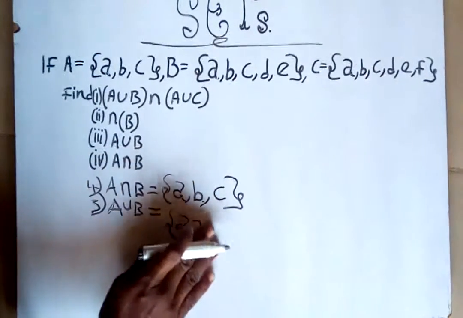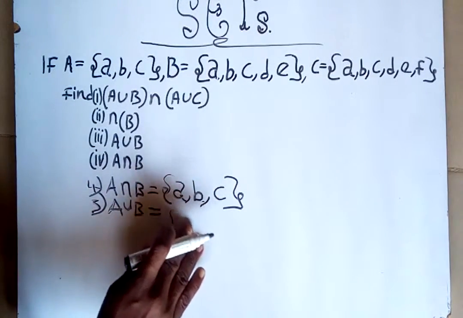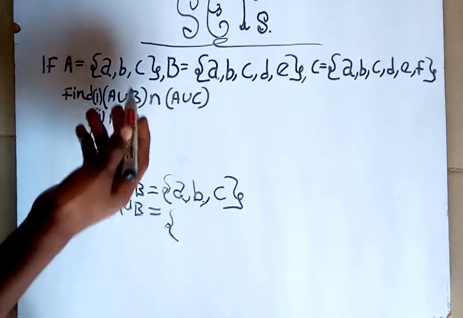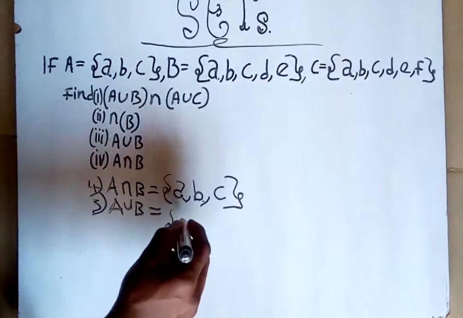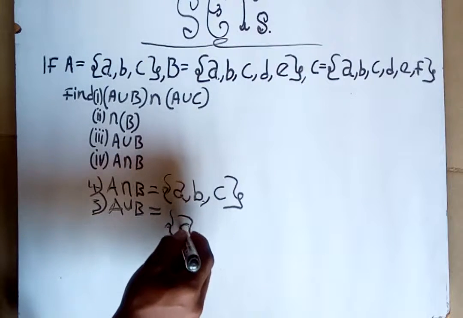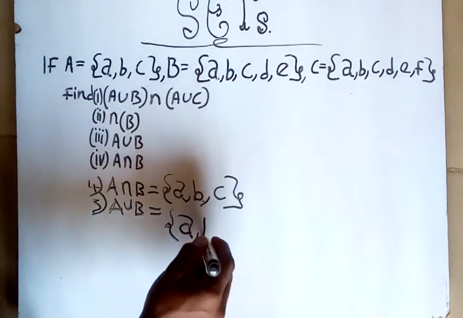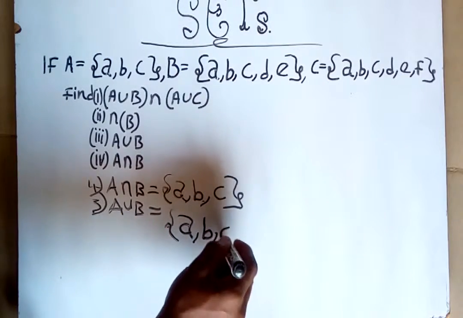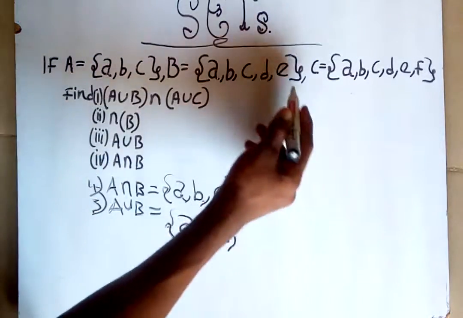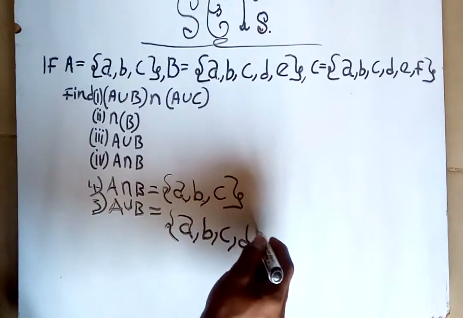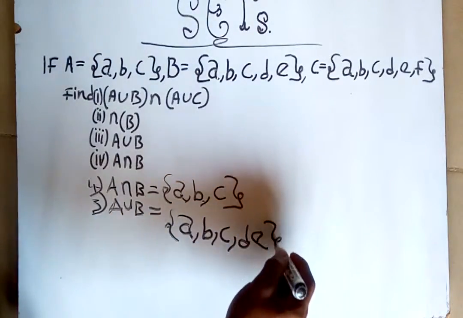If they appear two times, we just pick one, just write only a single A over there. Then we write our B, C, D, E.